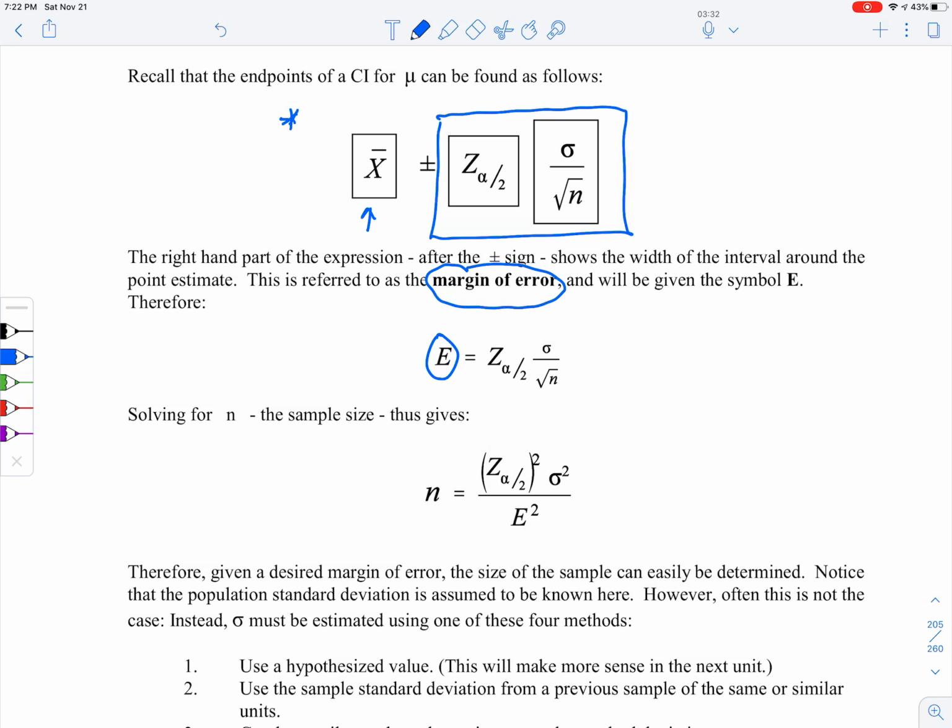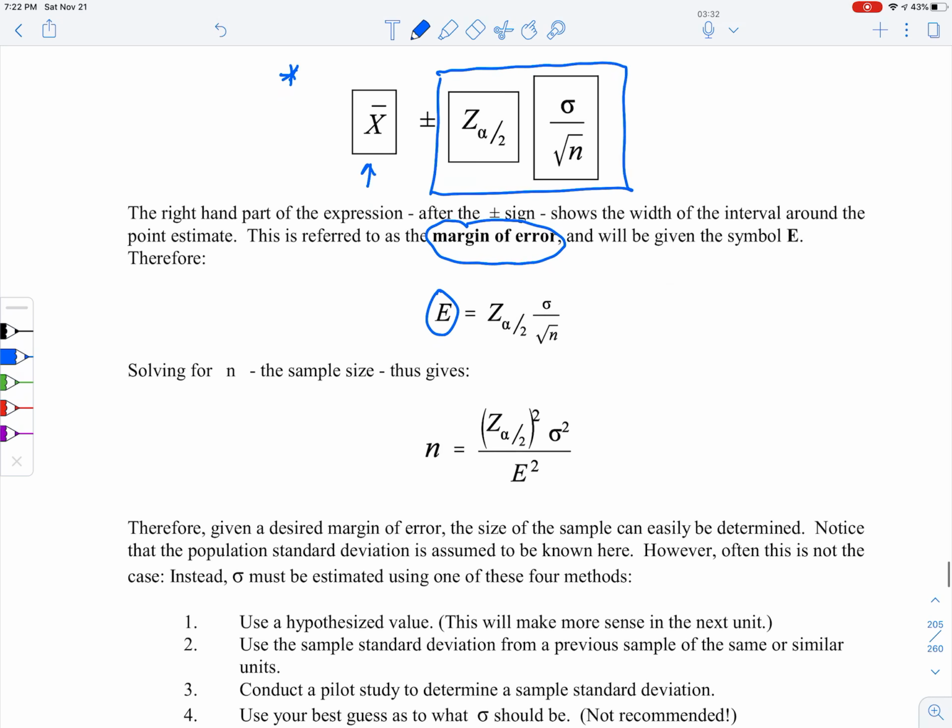And again, that could be a T statistic with an S, and you could have an FPC factor tacked on to that. But the simplest formula that we have is just E is equal to Z alpha over 2 times sigma over the root of n. So that came from confidence intervals.